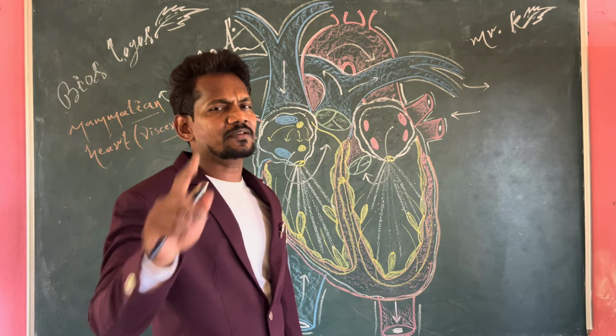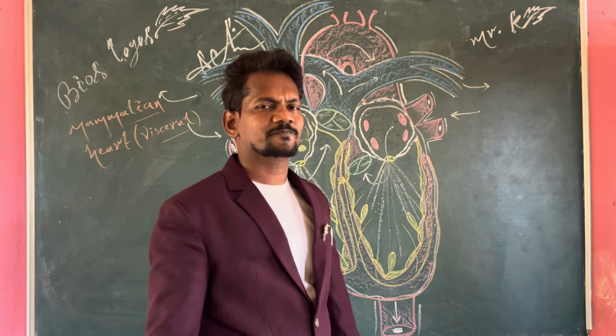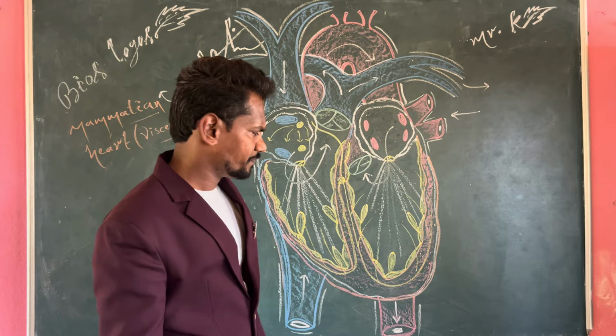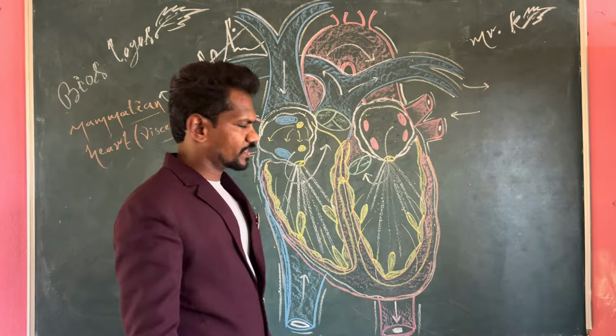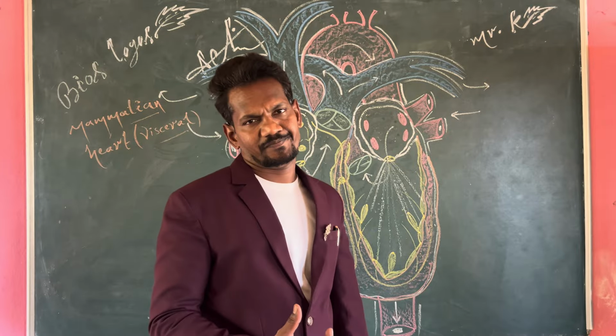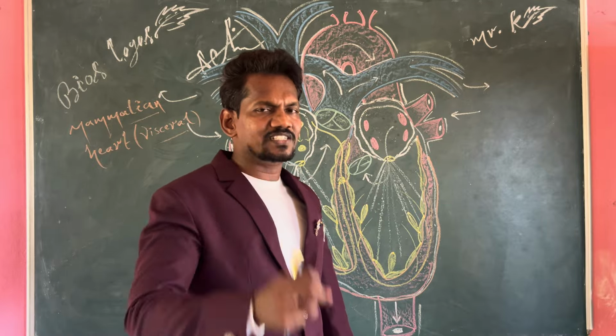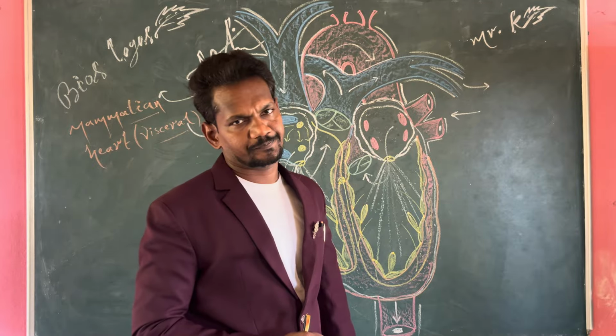So 72 beats or cardiac cycles per minute is known as the pulse rate. One heartbeat is known as a pulse.